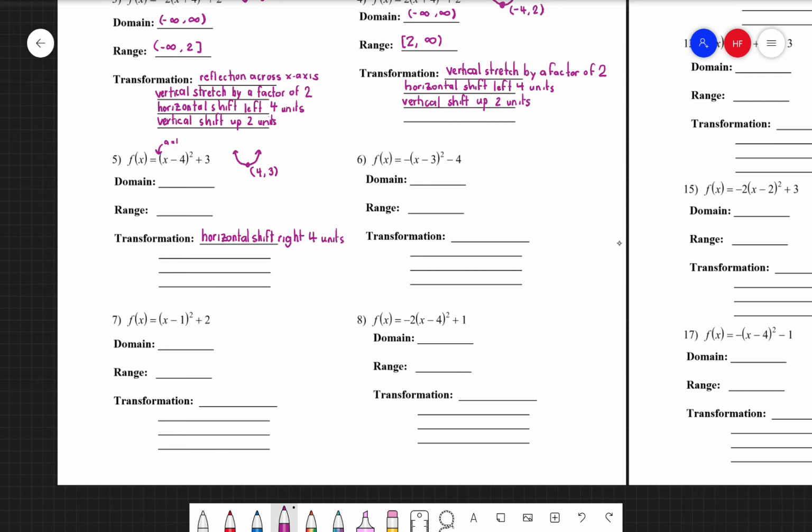And then we have a vertical shift up 3 units. The range depends on that vertex. So since my y value of the vertex is 3 and I'm facing upward, that's the lowest y value I can possibly have. And the rest of them will head toward infinity forever. And then the domain is always the same.